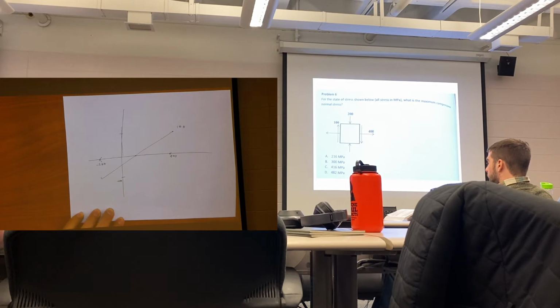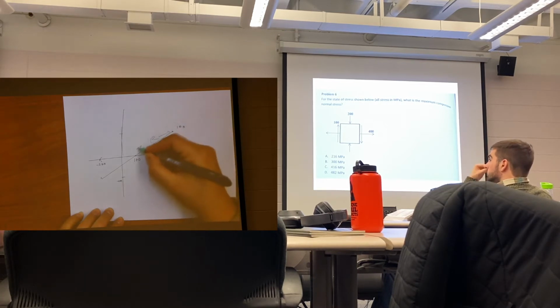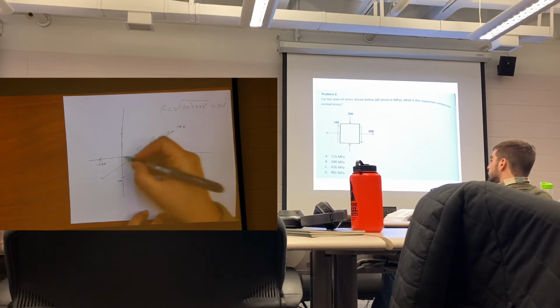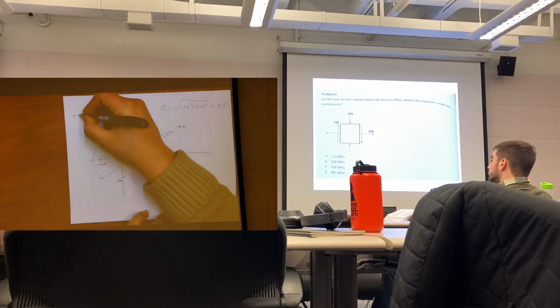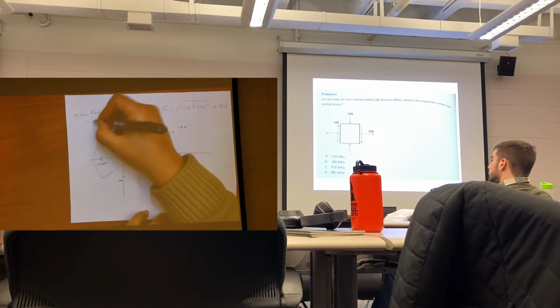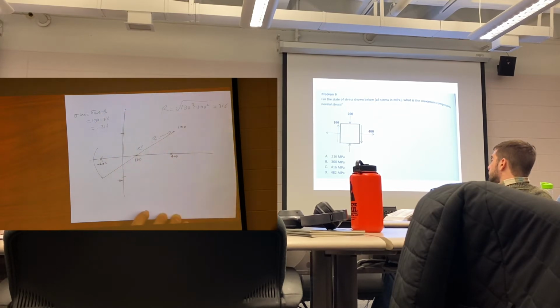The center is the average, 400 minus 200 over 2, so this is positive 100. And your R is the square root of 100 squared plus 300 squared, which will be 316. So sigma minimum equals sigma average minus R, 100 minus 316, equals negative 216, which is answer A.